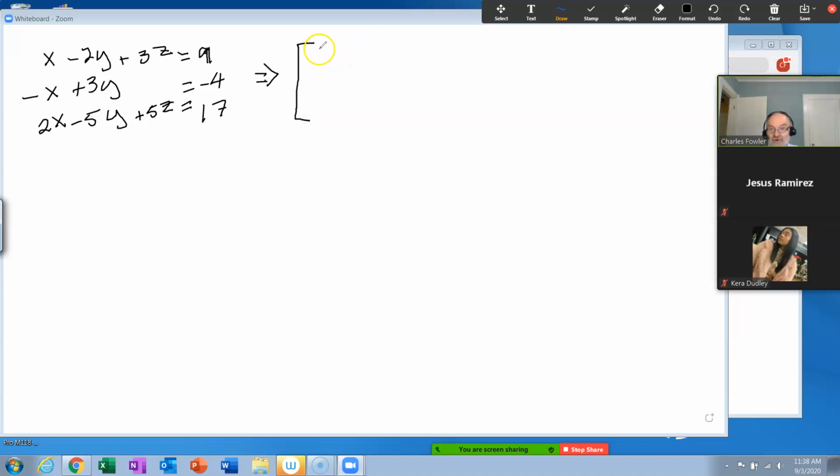Okay, it's the coefficient matrix 1, -2, 3, augmented with the solution vector 9. Then -1, 3, 0, always put a 0 in if there's a blank, -4.